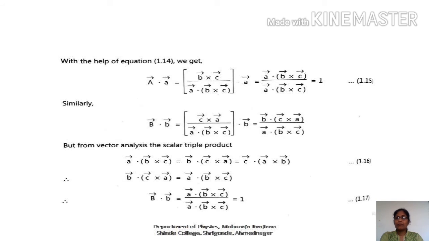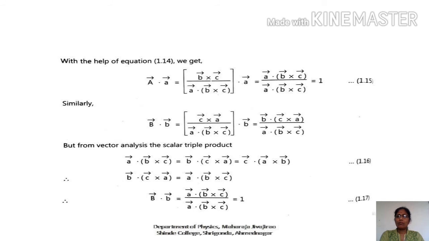Multiplying this with a, you will obtain a dot b cross c divided by a dot b cross c, which comes out as 1.